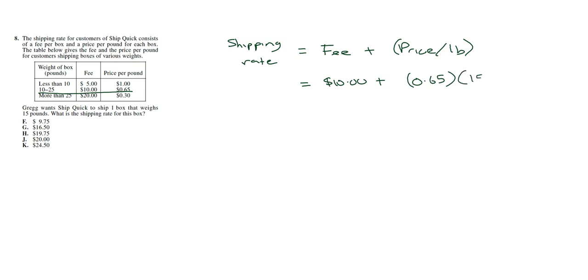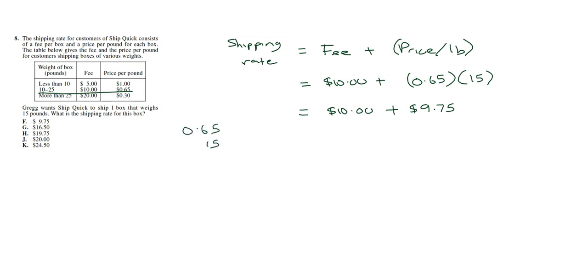So we're going to multiply by 15. So this is going to give us $10, and if you compute 0.65 by 15, we're going to get 9.75. For good measure, let's go ahead and show how to do that.